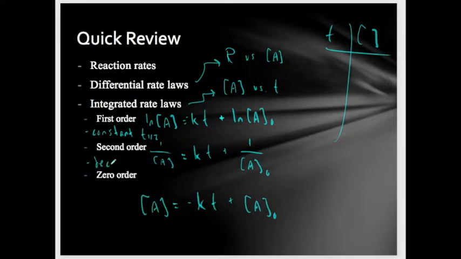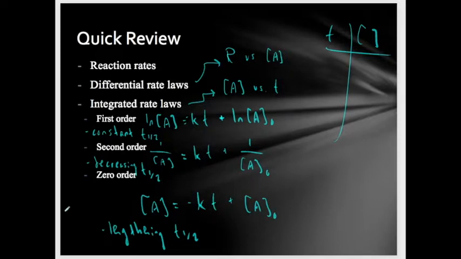So each successive half-life decreases. And then for zero order, those get longer, so that we get lengthening half-lives, don't we? The time it takes to cut the thing in half gets longer and longer. So hopefully you all feel pretty good about that.